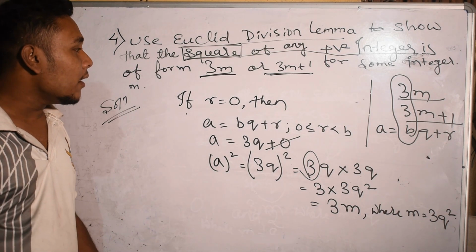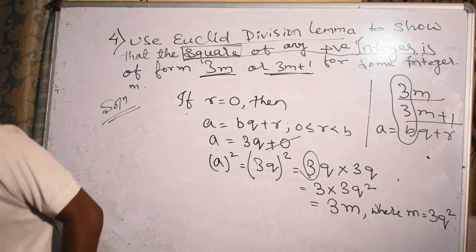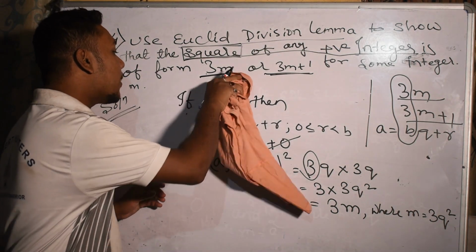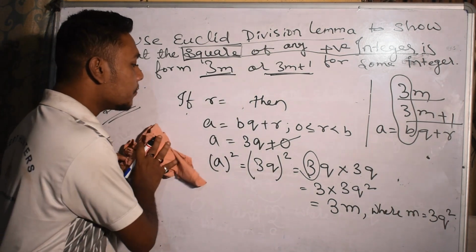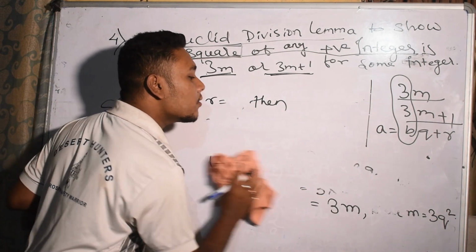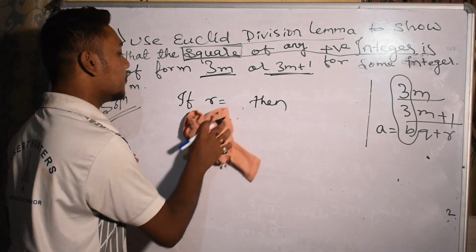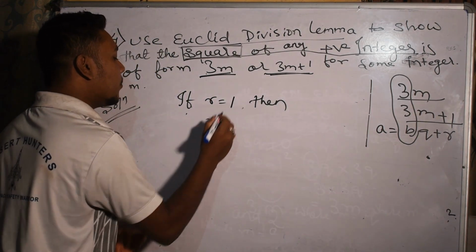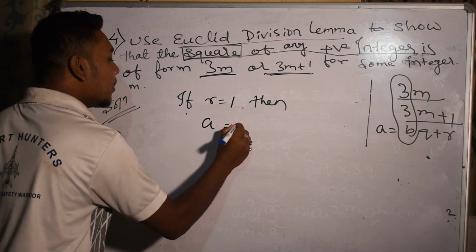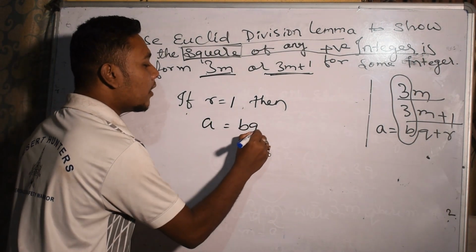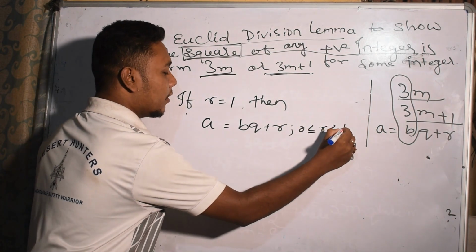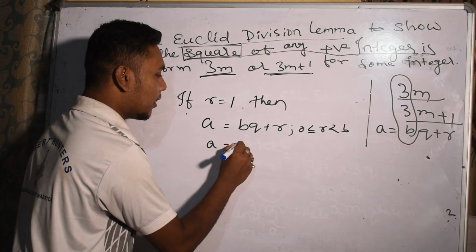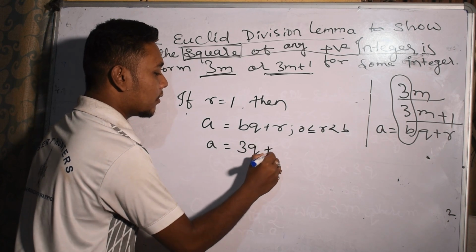Now taking R as 1. Take a screenshot and note it down. Taking R as 1, then we get A is equal to BQ plus R, 0 less than or equal to R less than B. Then A is equal to 3Q plus 1.